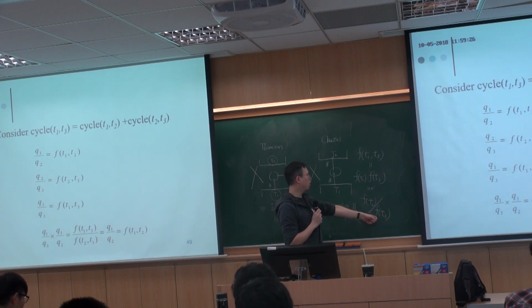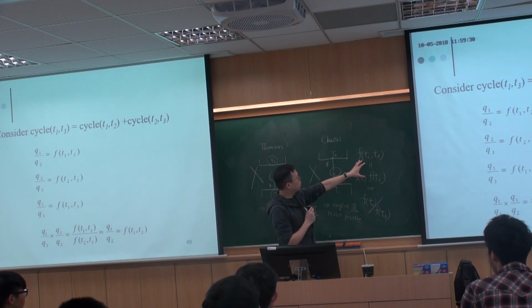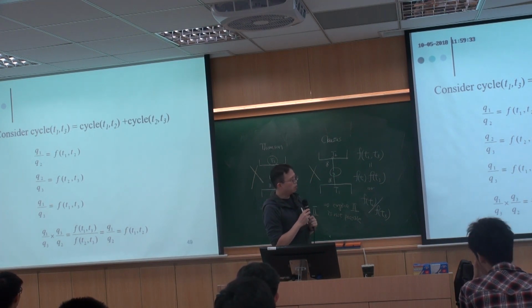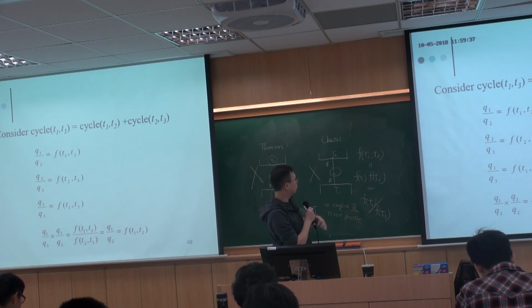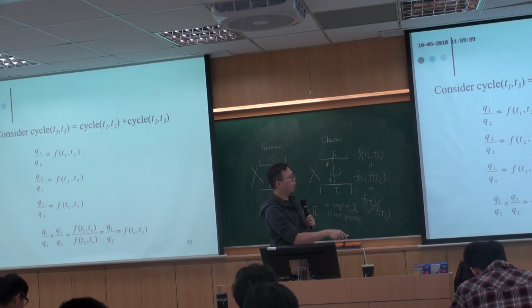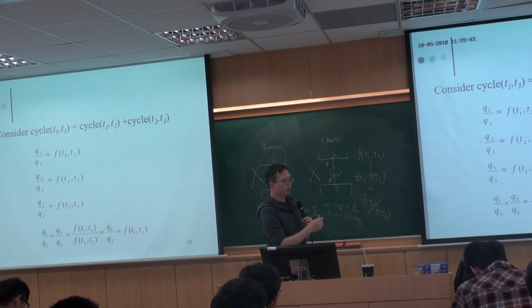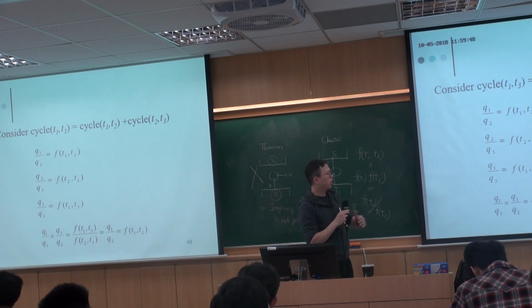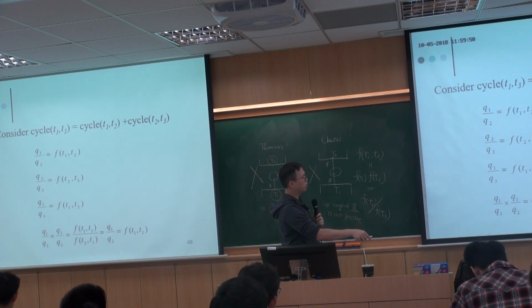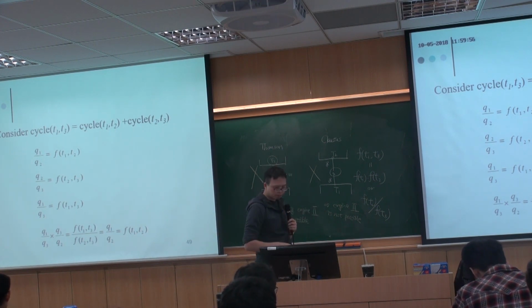And we know that the inverse is also a kind of product, right? So due to this relation, this function should be able to be decomposed into something like this. And that will be the same for a function of T2 and T3. They should be able to be decomposed such that when they are put together, they will cancel out and be reduced to the function of T1 and T2, in the same format.